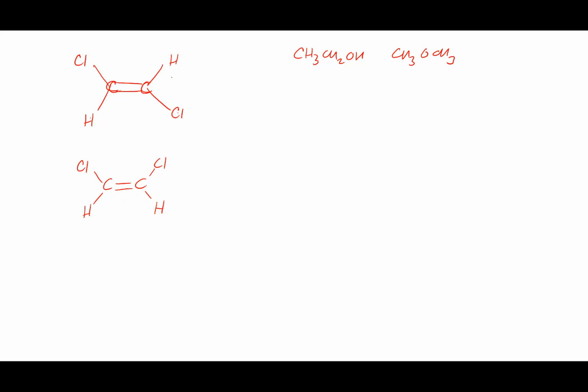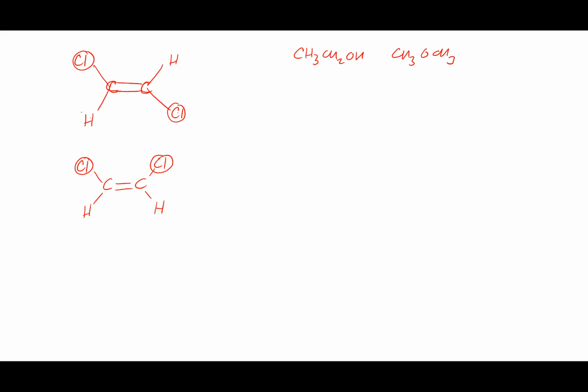What's different about these is their three-dimensional shapes. Because in this case, the chlorines are opposite each other, and here the chlorines are on the same side. So that's what the EZ system is for, that's what the cis-trans system is for: to tell us which way the four groups are arranged around the double bond.